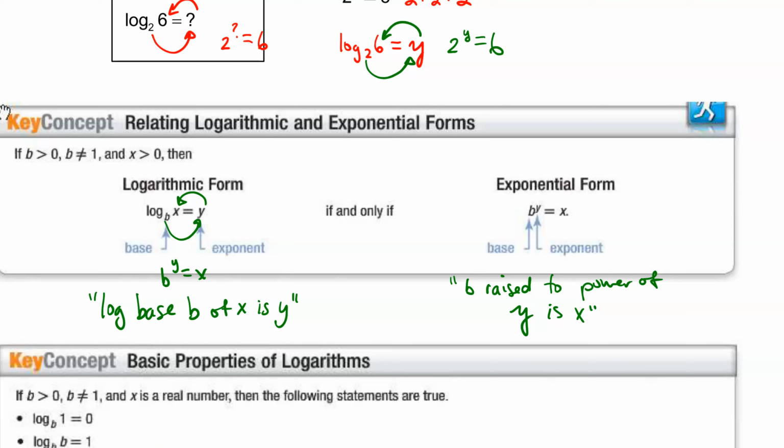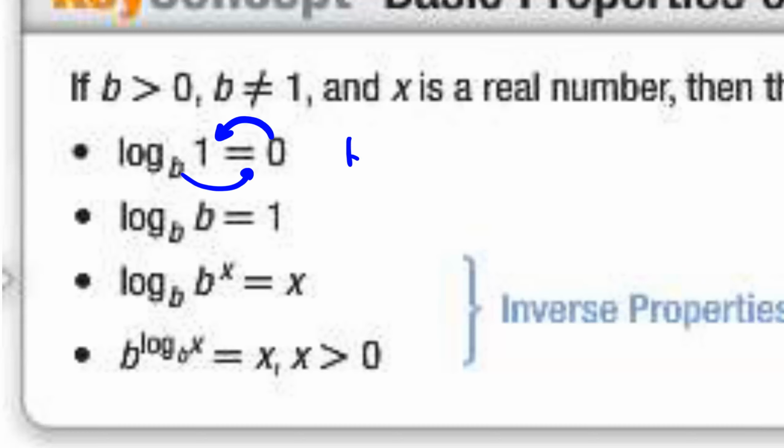So some basic properties of logarithms. Can I zoom in? Are we good to write this? Wonderful. Okay, so remember the way we would write it? I'd say b to the 0 power is 1. So log base b of 1 is always going to be equal to 0.